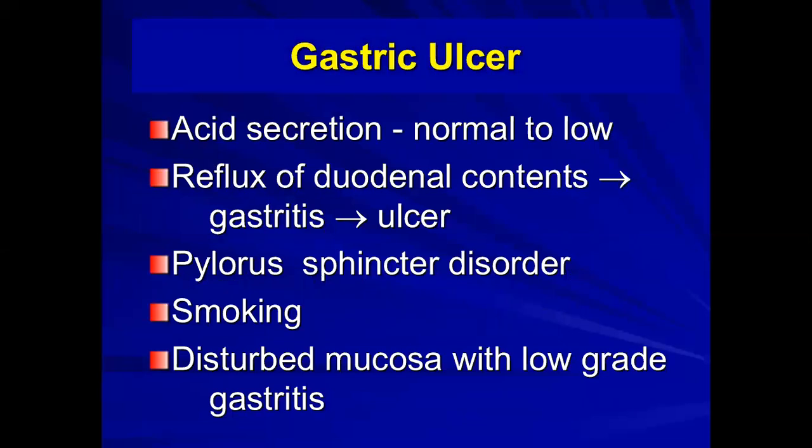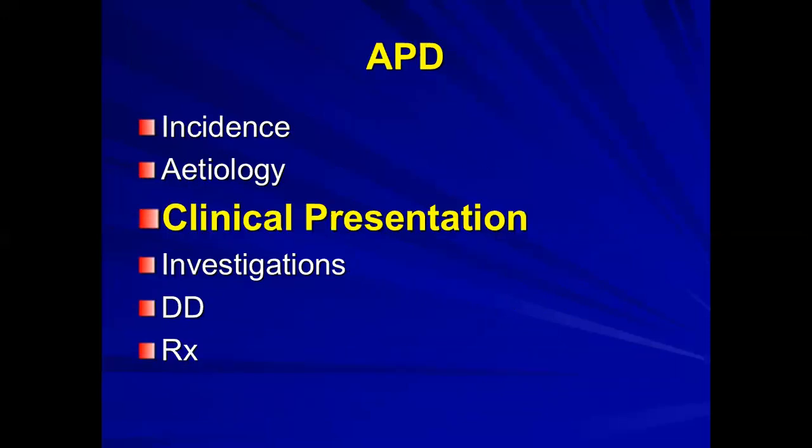Acid secretion is normal to low, with reflux of duodenal contents, which leads to gastritis and ulcer. Pylorus sphincter disorder may be a cause, which leads to reflux of the duodenal contents into the stomach. Smoking, and disturbed mucosa with low-grade gastritis.